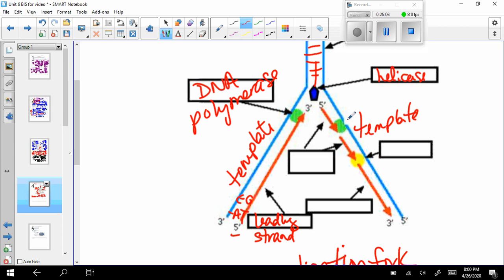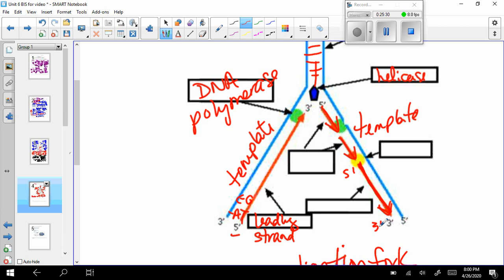Now, here's our DNA polymerase again over on this side. It built this piece first, then this piece second, and then this piece third. So it comes in, it has a little primer, it starts the replication, and again, it is building the piece 5' to 3' because that's the only way that DNA polymerase can work.